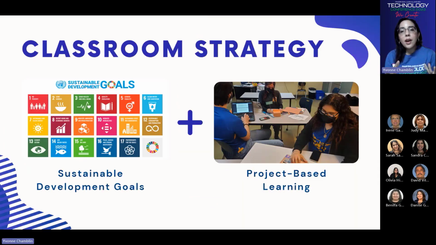So, to sum up what I've shared so far, this is my strategy. My strategy, everybody, is to bring two things together: the sustainable development goals and project based learning, every day, all day. That is what I'm working on with my students. And I know that maybe not all of us can do that all day, every day, but you're likely to want to do it maybe in 6 weeks, or maybe for a month.